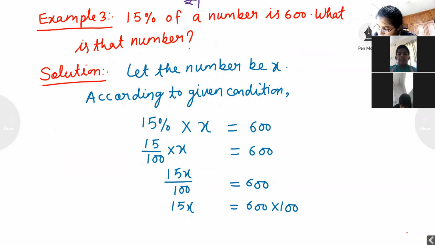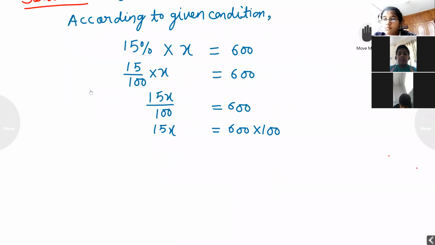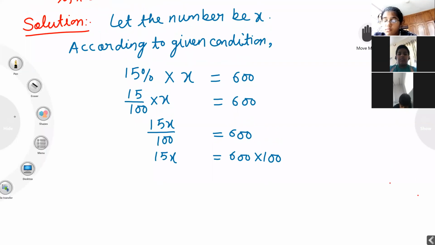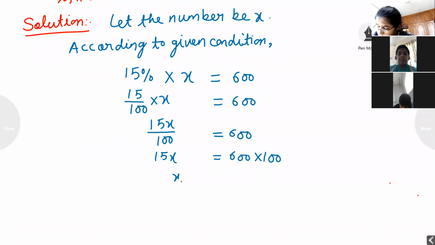Then x is equal to 600 into 100 divided by 15.